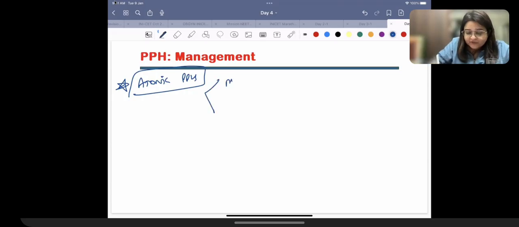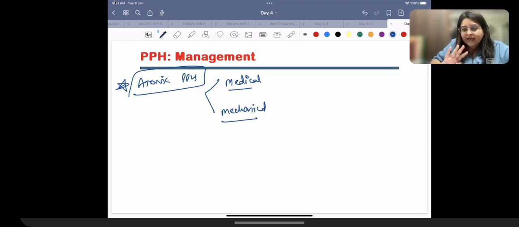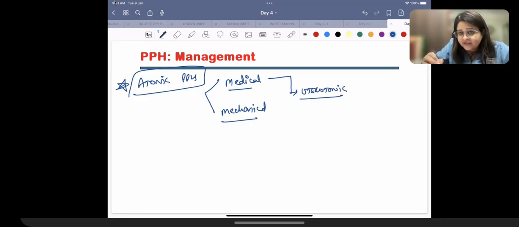So in atonic PPH, two things will go hand in hand. One is medical management and the second is mechanical methods of management. These two things go hand in hand. मेडिकल मैनेजमेंट में क्या आता है? द यूट्रोटोनिक ड्रग्स. And which uterotonic drugs are given for management of atonic PPH?